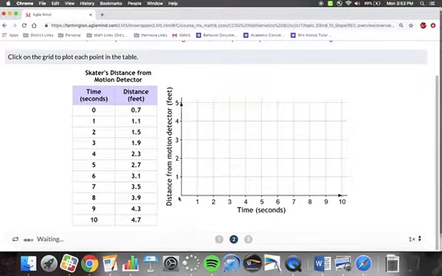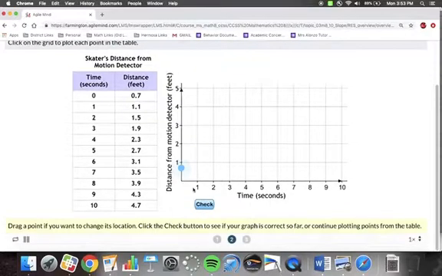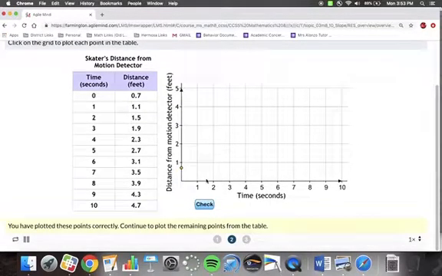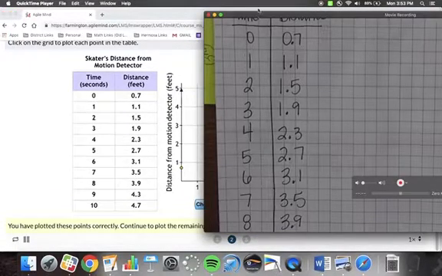Again, I need to move along the time axis to 0, and then move up 0.7. Well, I can't go all the way up to 1, so I would go up somewhere in there and then check. And I want you to do that. So go ahead, pause the video, do all of those and hit check after each one. And then once you've done that, we're going to graph it on paper.